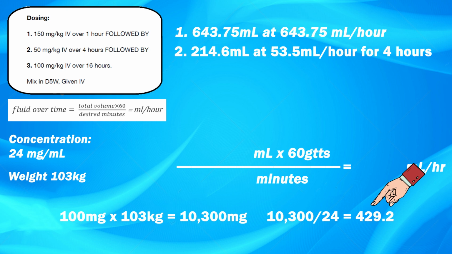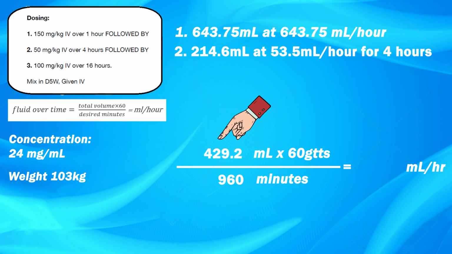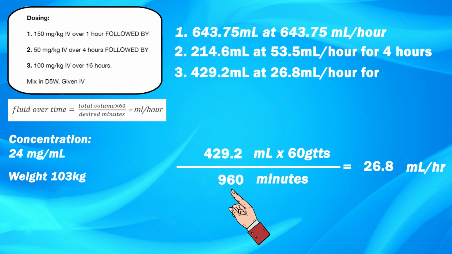That gives us 429.2 milliliters that has to be given over 16 hours. 16 hours is 960 minutes. So if we take 429.2 times 60 divided by 960 minutes, we get 26.8 milliliters per hour for the final dosing.